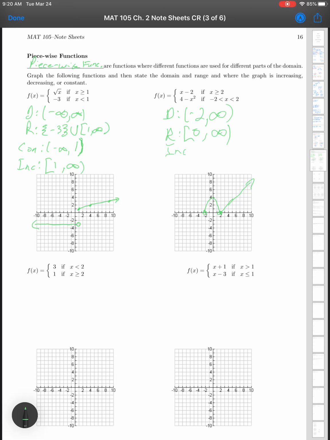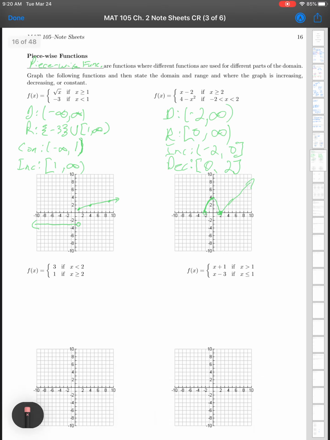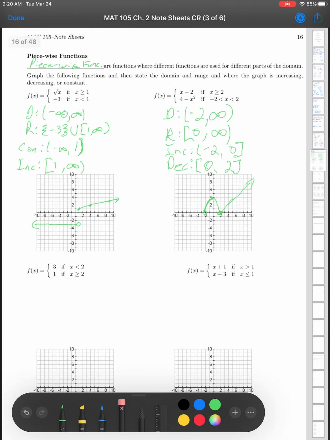And then this graph is increasing, starting at negative 2 with a parenthesis, because negative 2 is not included, to 0 with a bracket, because 0 is included. So on this piece on the far left side, then it decreases from 0 to positive 2.